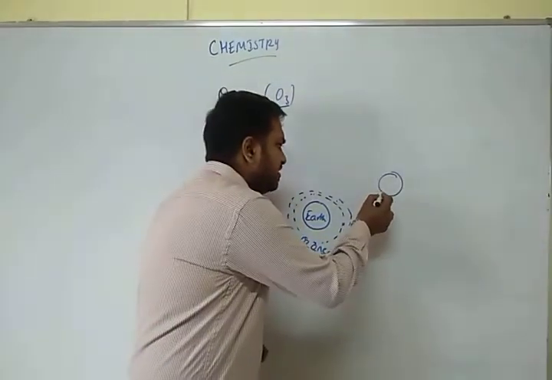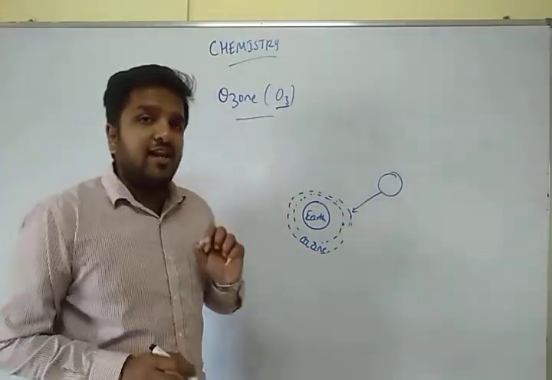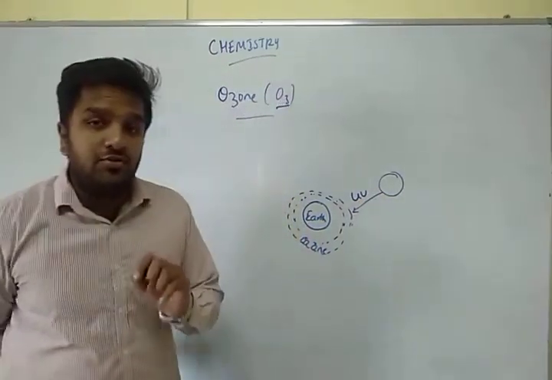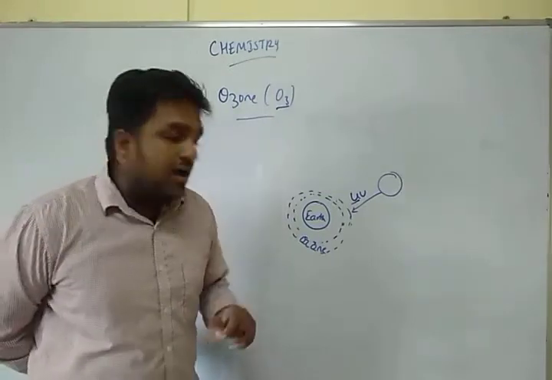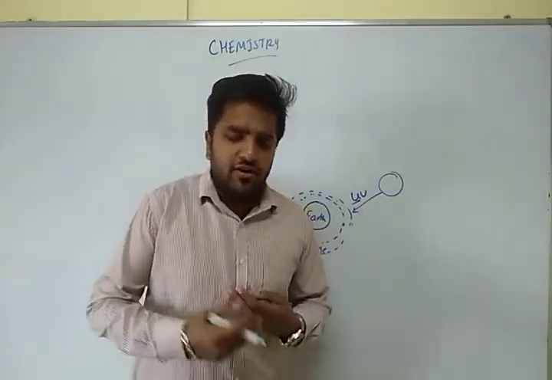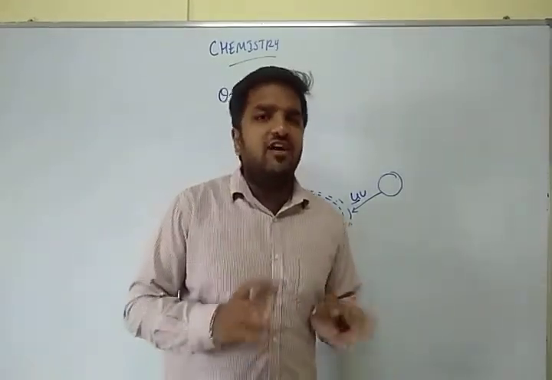So the sun releases its sunlight. This sunlight consists of ultraviolet radiations, also called UV radiations. These ultraviolet radiations are dangerous for our living organisms. Clear? So for humans it causes skin cancer, some skin allergies. Mostly it is effective. Clear?